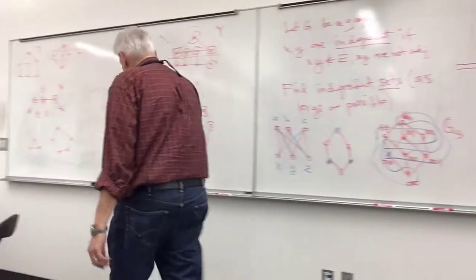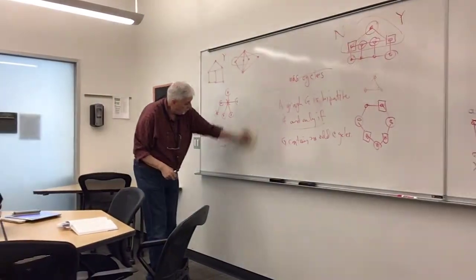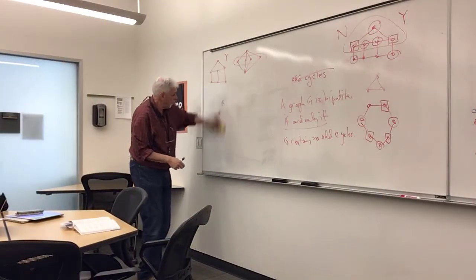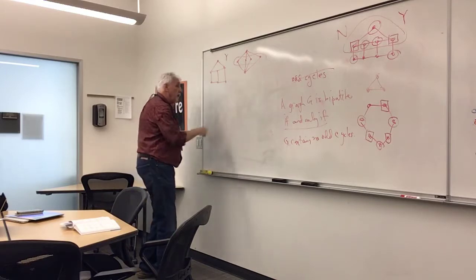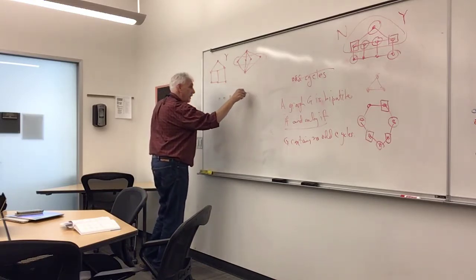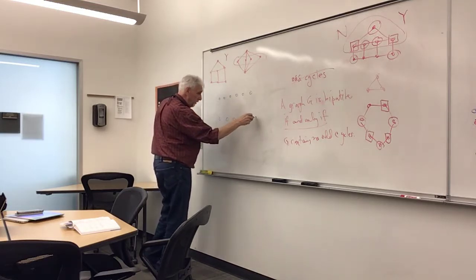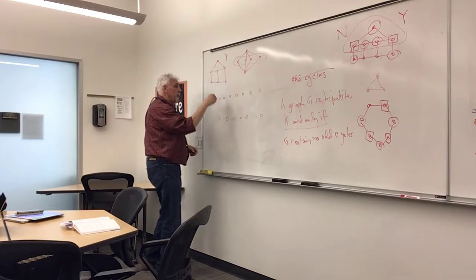Suppose G contains an odd cycle, and we think that this is a bipartition.